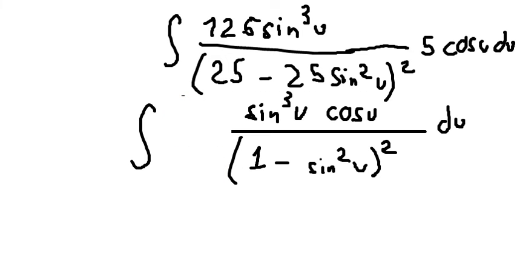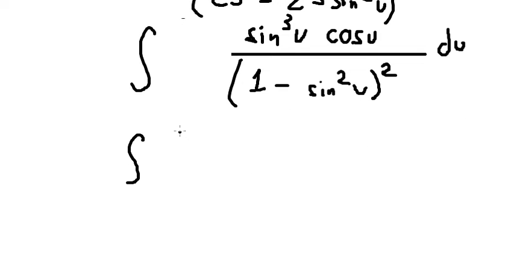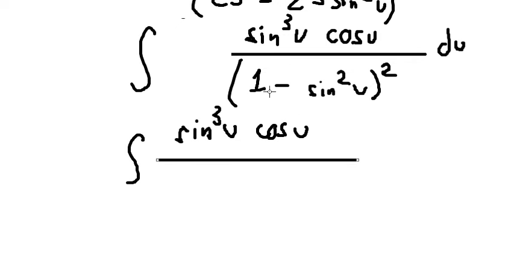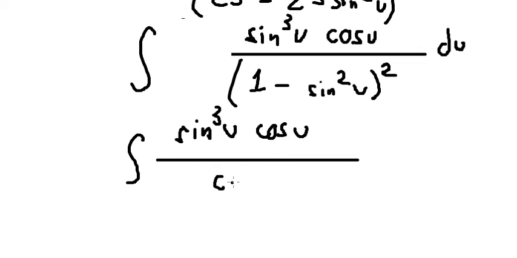Now the next one, one minus sine u square, you got about cosine u square. Because we have the power 2, you got about power 4. We simplify cosine u.